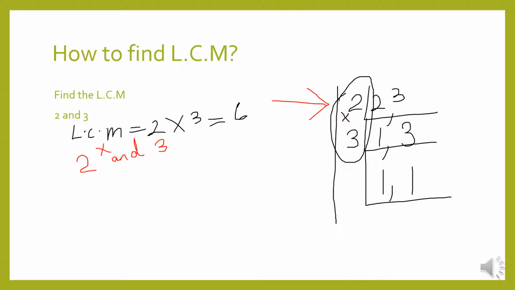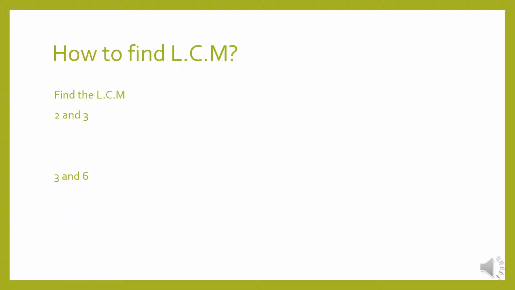So I'm going to do some more, and I'm going to use all 3 methods that I showed you, alright, to get the LCM. We want to find the LCM of 3 and 6. First thing we can do is tables. Write down the multiples of 3, write down the multiples of 6, and see which one is the smallest, okay, which one is the lowest. Let's count in threes. 3, 6, 9, 12, 15, 18.